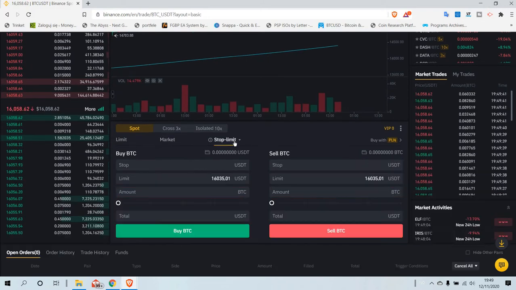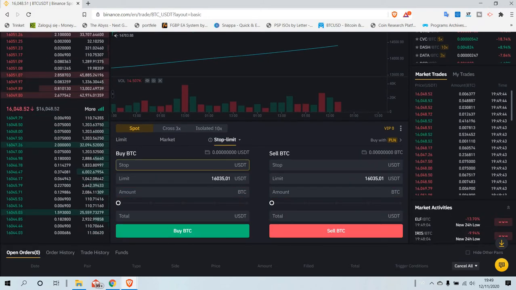The next option is stop limit. Stop limit is when you have a stop option, that's like a trigger.